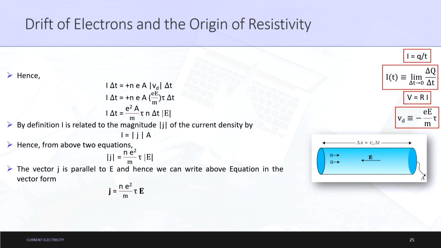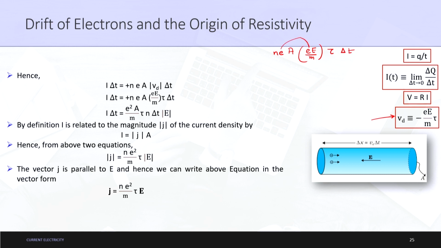Therefore, I delta t is nothing but n e A |v_d| delta t. I delta t is again equal to n e A into, we just use the equation of |v_d|, which is this expression only. So we got |v_d| is nothing but e E by m into tau. Therefore, it is nothing but n e A into e E by m into tau into delta t.